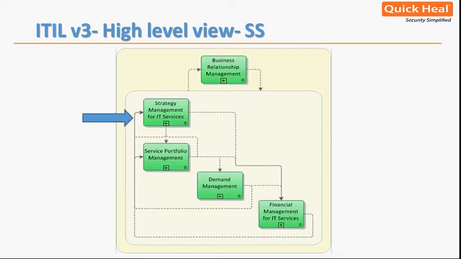So first of all, it is strategy management for IT services. Now, prior to going ahead, I'd like to say that the service strategy process has got 4 P's. That's position, plan, pattern, and perspective. So when you are strategizing your portfolio, you have to look at these 4 key features.